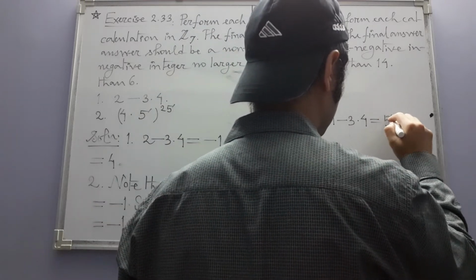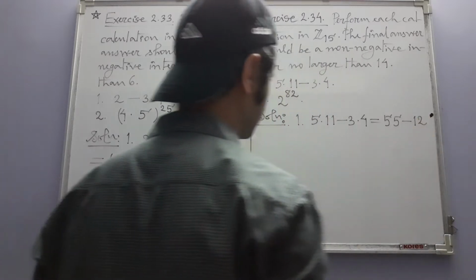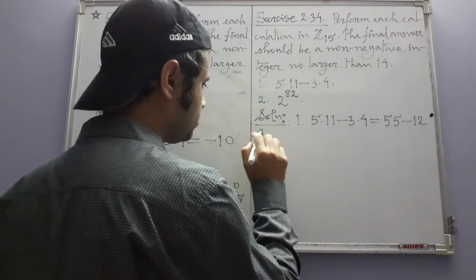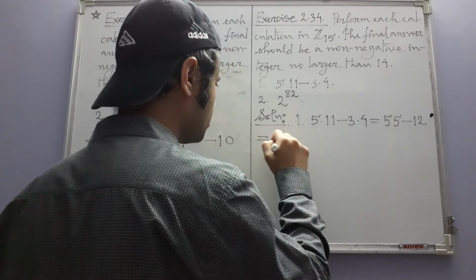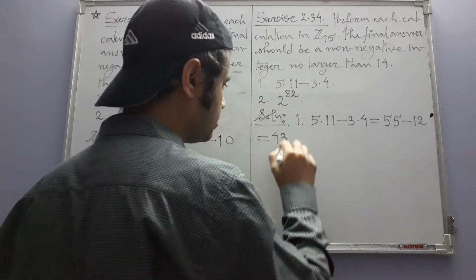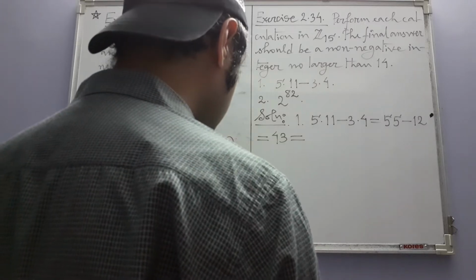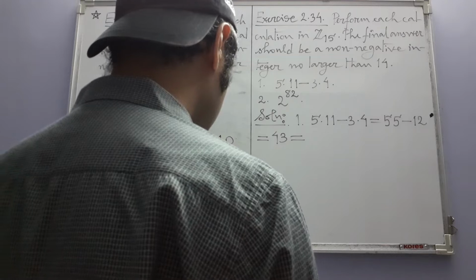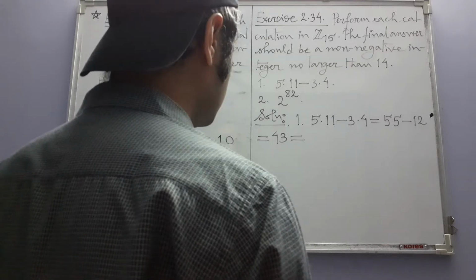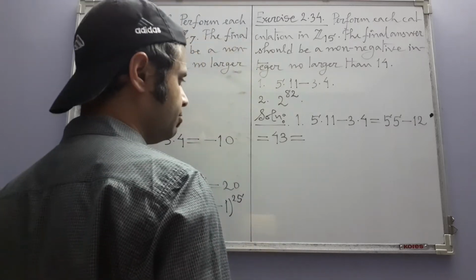This is 55 minus 12, and that is 43. And 43 is congruent to what modulo 15?